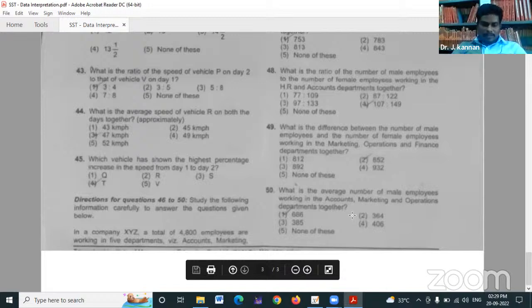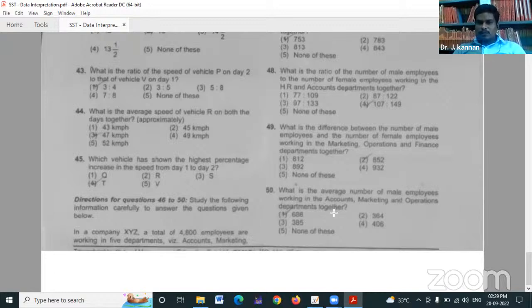So it is one third of the sum of the three departments. In the accounts department, the male employees are 411, the marketing department 891, and the operation department 756. So adding the three values and dividing by 3, we finally get 686.